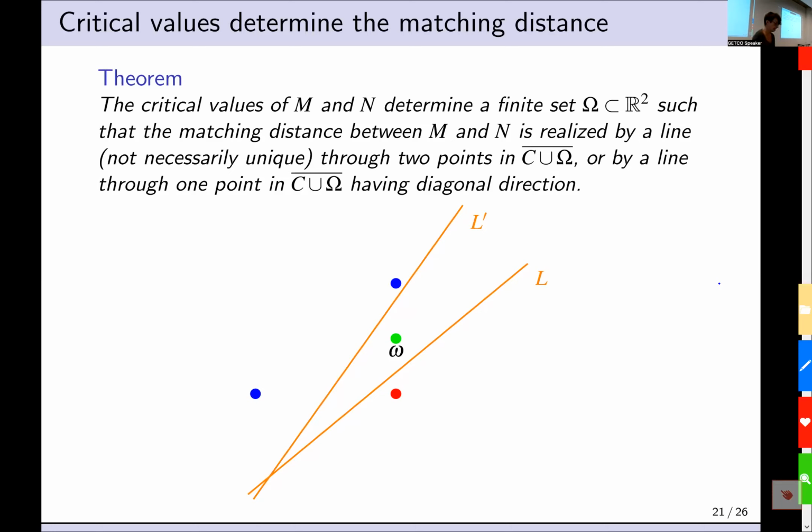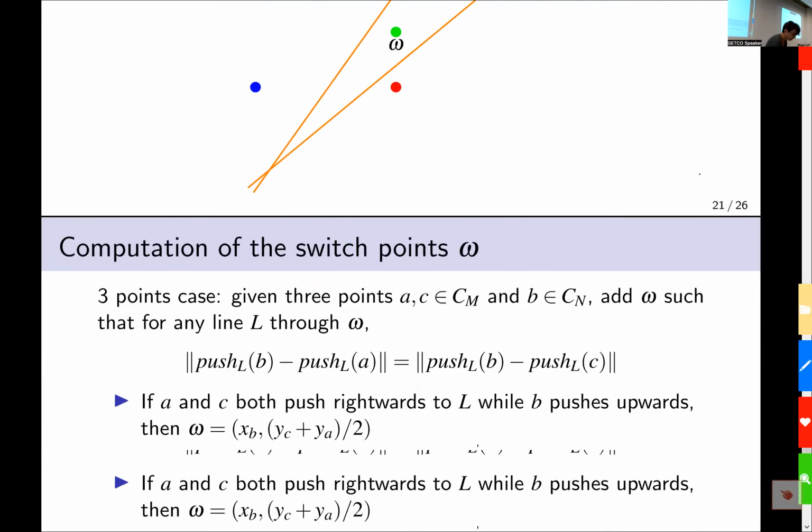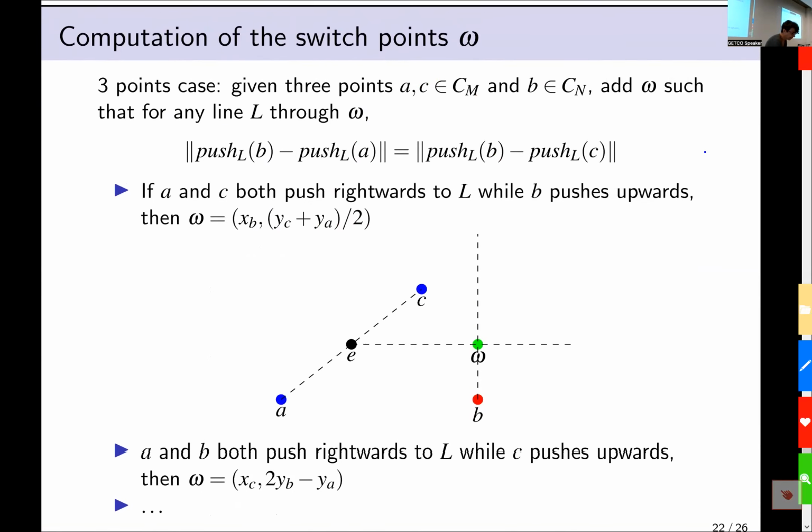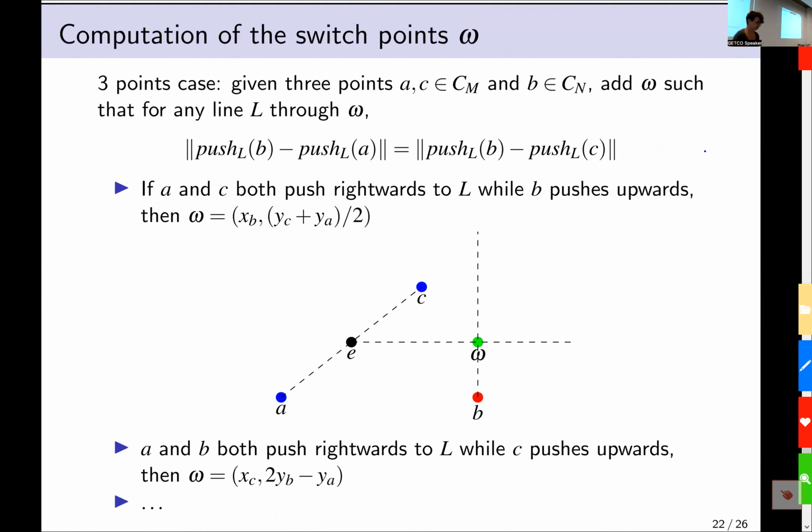So this tells us that these lines are essential to compute. So we can reduce to these lines and not consider infinitely many lines to compute the matching distance. These omega points are simply combinatorial. We needed to consider many cases.